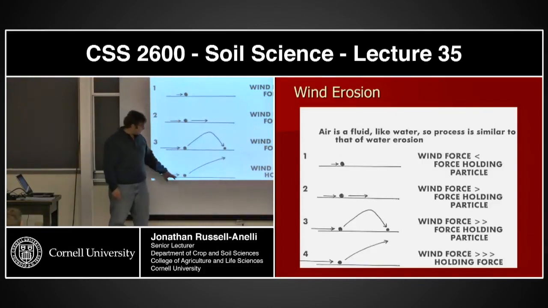Now, a lot of that has to do with the force of the air, but it also has a lot to do with the type of object. The African dust that's coming across is not sand. It's clay and silt-sized particles, very small. So the resistance that this material has is a lot smaller than if this was a sand grain.